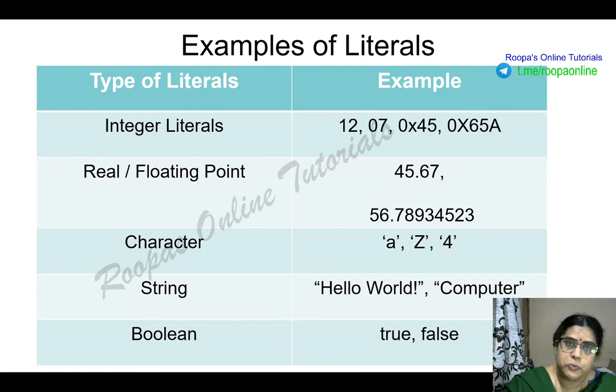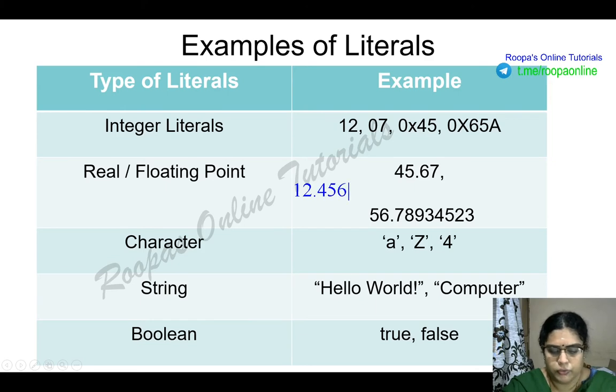The main difference between float and double is that float has around 6 digits of precision in Java. What do I mean by 6 digits of precision? For example, if I have a number 12.456789, then up to 6 digits it is going to give me the correct, accurate value.